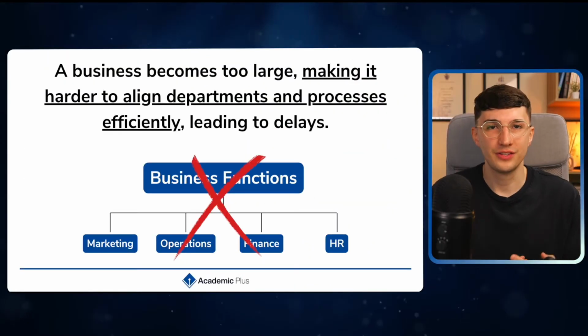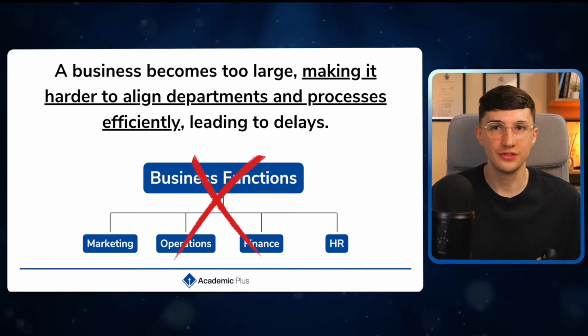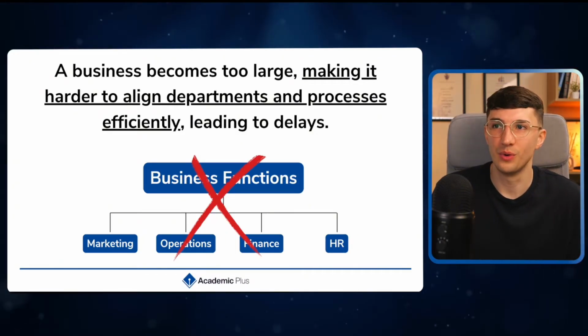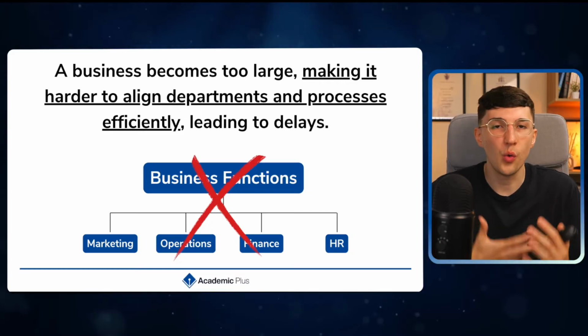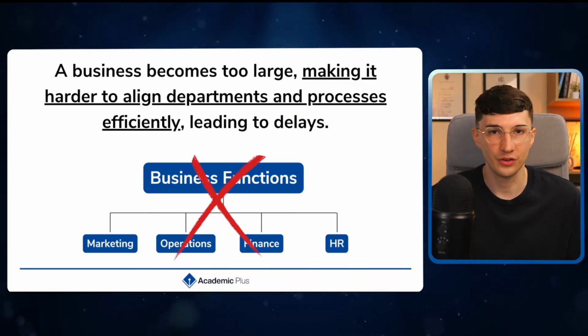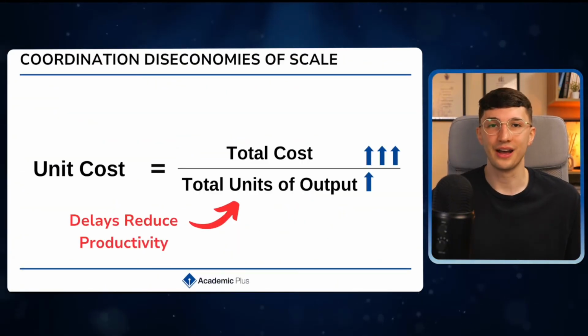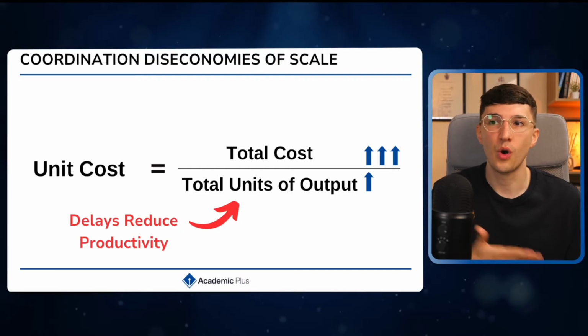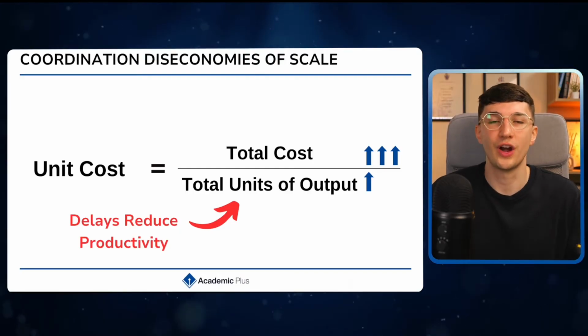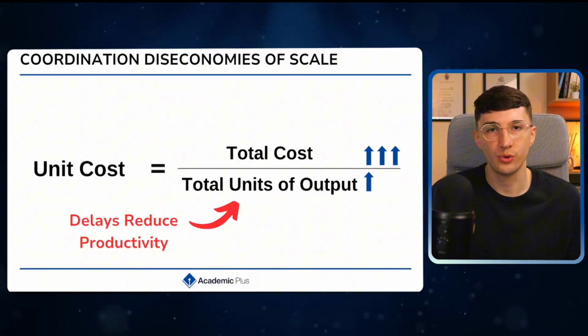So what you may start to see happen is this silo effect, where these different departments or functions don't collaborate effectively anymore. So it's harder now to align all the different activities across the departments, and efficiency starts to reduce. There's more delays. So productivity begins to go down. So as we said, the reason why our total cost is increasing at a greater rate than our total units of output is because we see reduced levels of productivity.